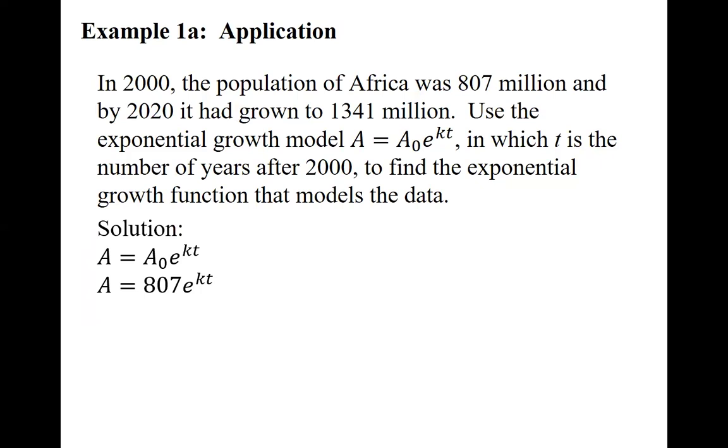When t is 20, aka 20 years after 2000 in 2020, we had a population of 1,341 million. So A is 1,341 when t is 20.